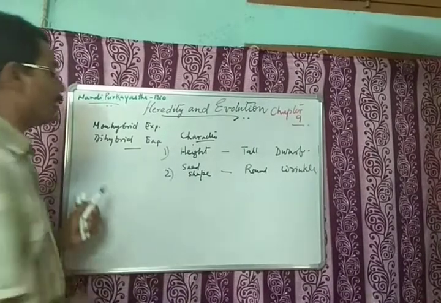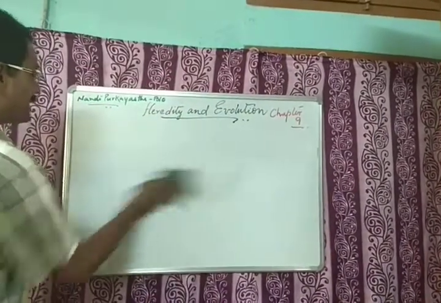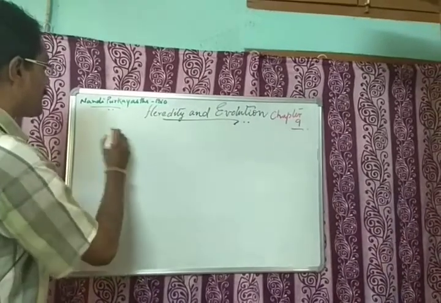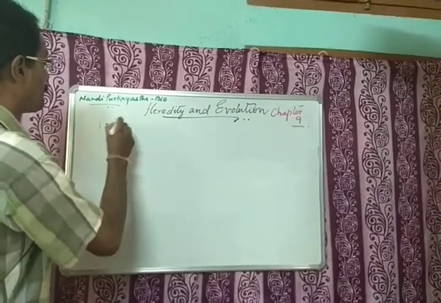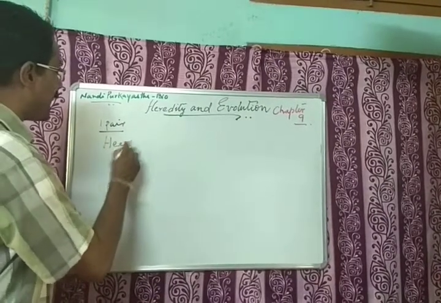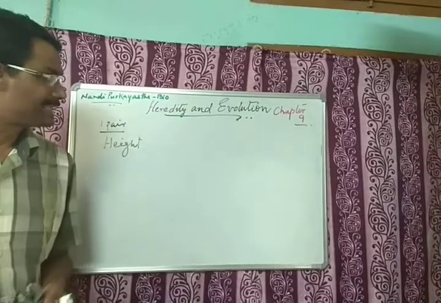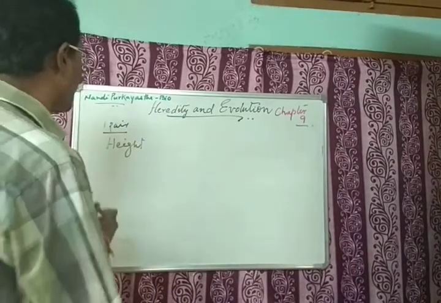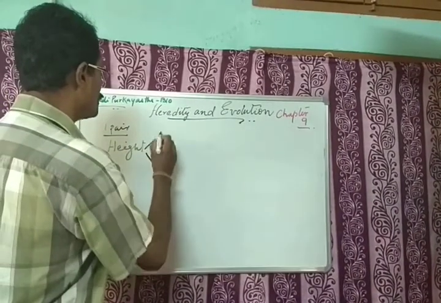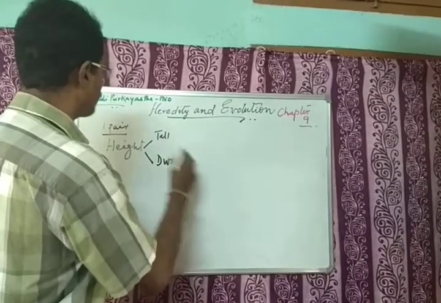Now let's go for the monohybrid experiment. For doing the monohybrid experiment, Mendel took 1 pair of contrasting characters. What is the meaning of 1 pair? 1 pair means, as I told you, height. Height has how many contrasting characters? Height has 2. What are those? Tall and what? Dwarf.